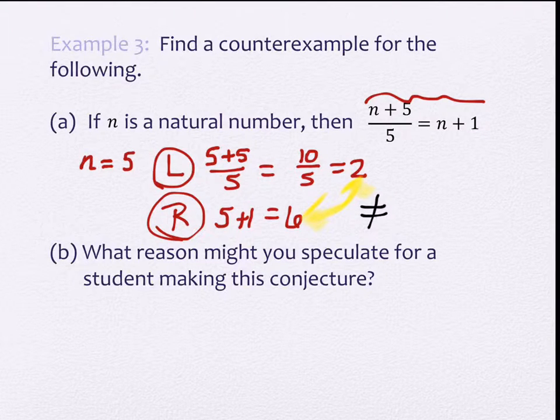Now, the reality is it would take a very, very specific example to actually make this true. What number for n makes this true? Do you know? It's 0. If n equals 0, this will actually work. Any other number won't. It's the only one that actually will.